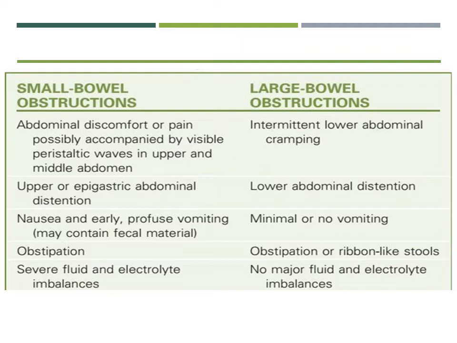So if you have a small bowel obstruction, let's give an example of a man who comes in and he's got a huge lump in his groin because he has a hernia, and there's loops of small bowel in that hernia, and they're compressed and it's not reducible. So he has a small bowel obstruction.